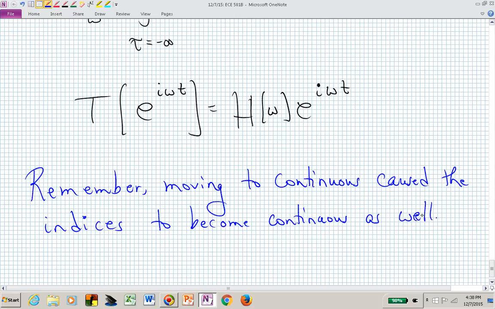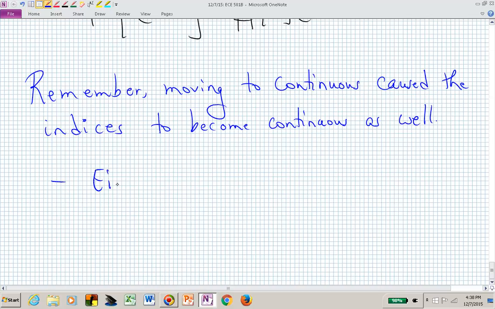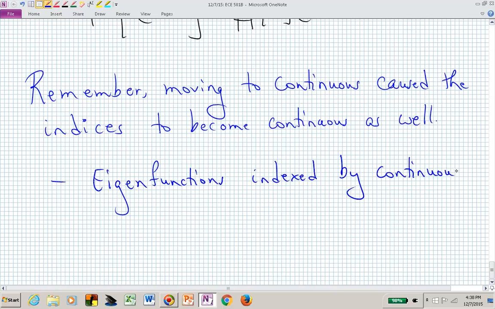So that now, instead of having just a finite number of lambdas, now we have this function of lambdas, in a sense, where our eigenfunctions are indexed by a continuous parameter omega.